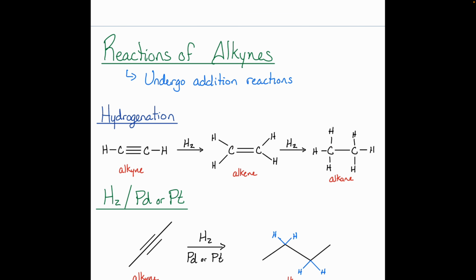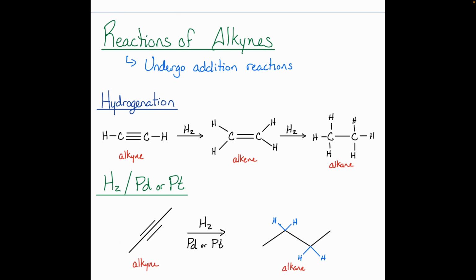alkynes. Remember we talked about how alkynes, just like alkenes, also undergo addition reactions because they also have those pi bonds, right? We used our hydrogenation reactions as an example here. We take our alkyne and we do an addition reaction, adding to that carbon-carbon, in this case, triple bond.